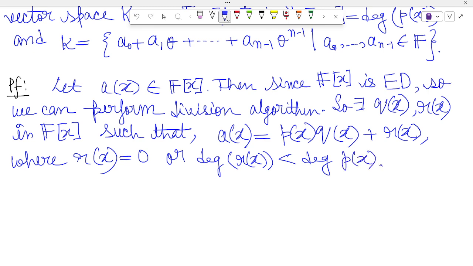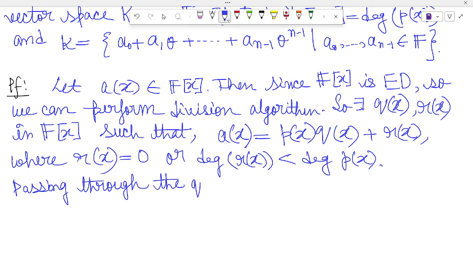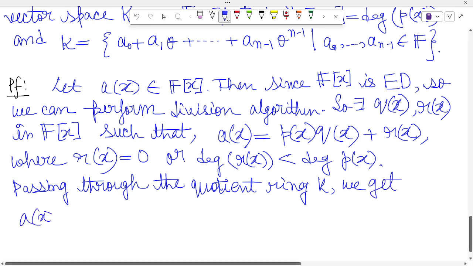But in K, passing through the quotient ring K, we will get only r(x).